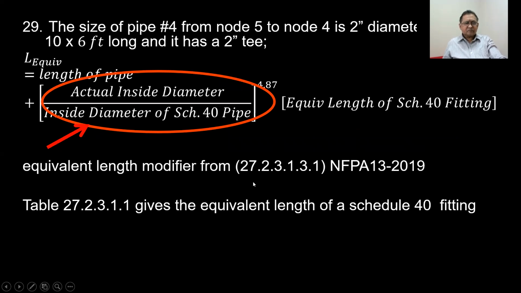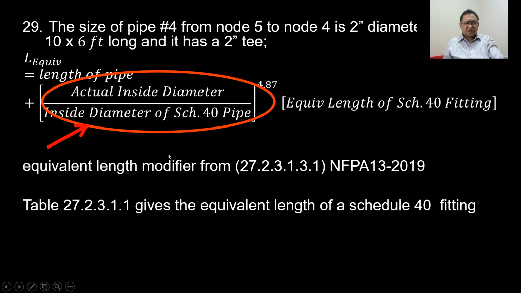And the size of pipe number 4 from node 5 to node number 4 is 2-inch diameter, and it is 6 feet long, and it has a 2-inch T.